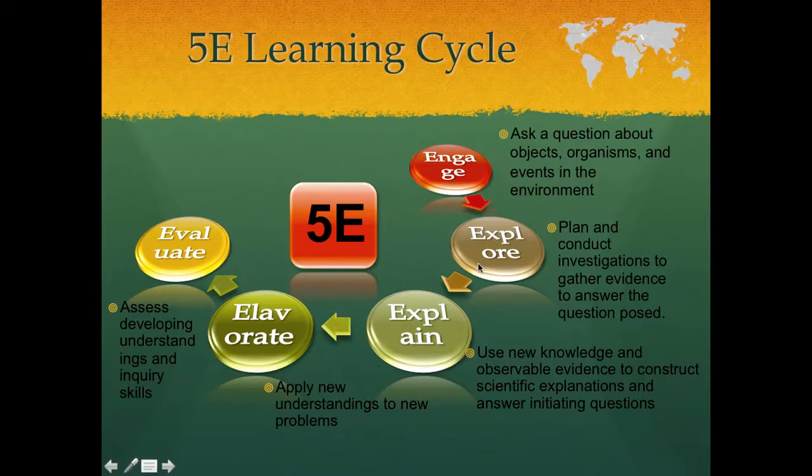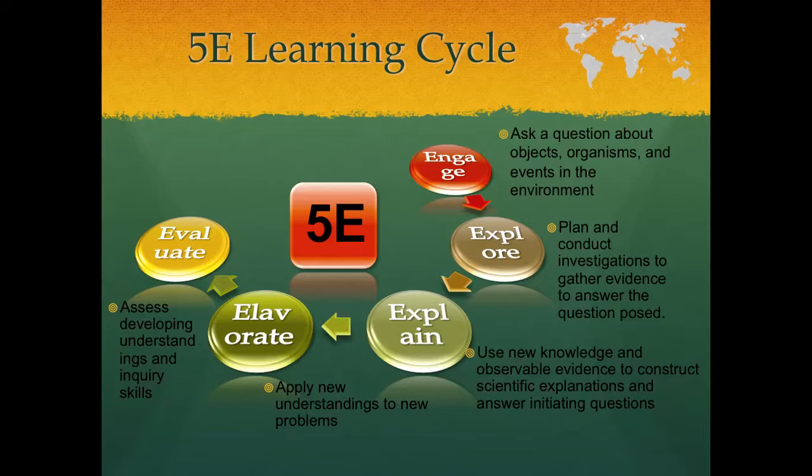And then students explore. The teacher needs to plan and conduct an investigation to gather evidence to answer a question. So at the beginning, you bring some questions, or some photos, or some magic show or discrepant event. Students start to get curious about what's going on, right?